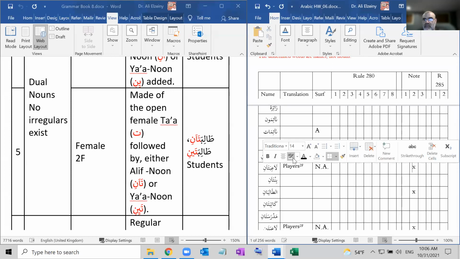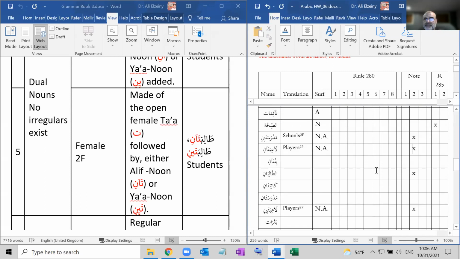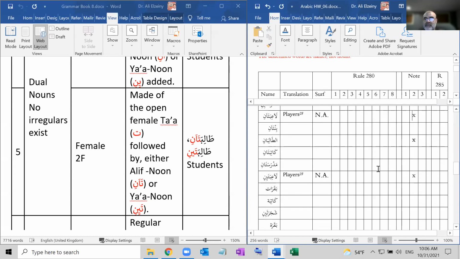Okay. Here it's not applicable according to note number 2. لاعبتين is the same, because لاعبتين and لاعبتان are both used for female nouns.